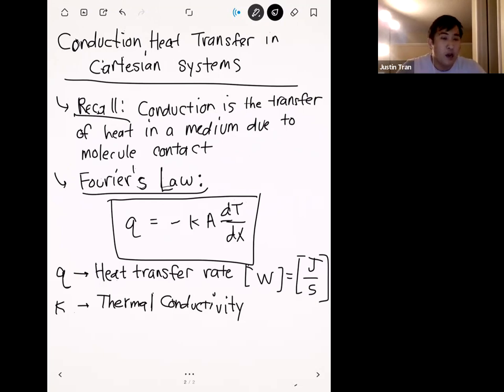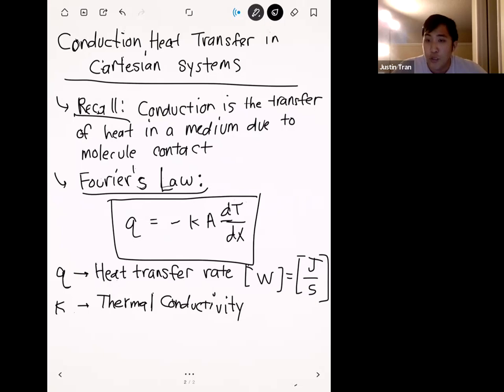Certain materials do a much better job at transporting heat than others. For example, metal can transport heat very easily, whereas ceramic or glass is not so great at transferring heat. If you've ever wondered why coffee mugs are often made of ceramic, it's mostly so that you don't burn your hand when you pick up your hot coffee. If you have an aluminum coffee cup, you're probably going to burn your hand most of the time unless you're wearing gloves.